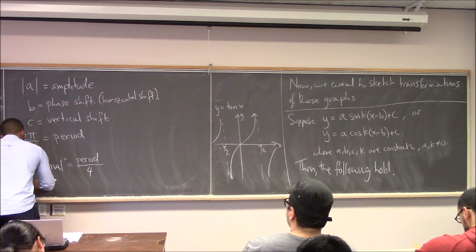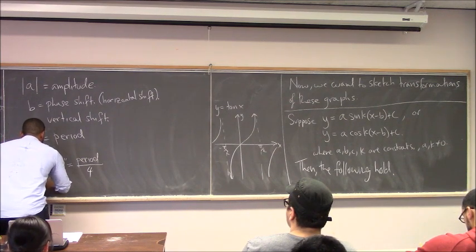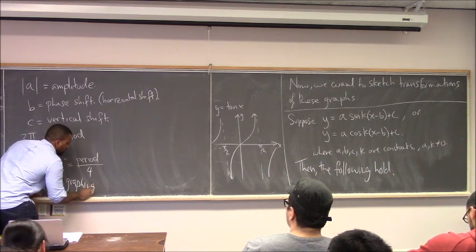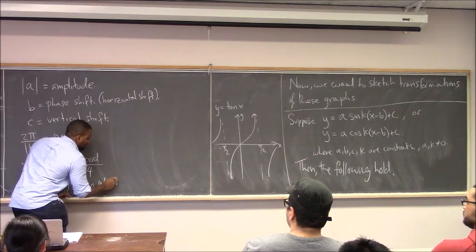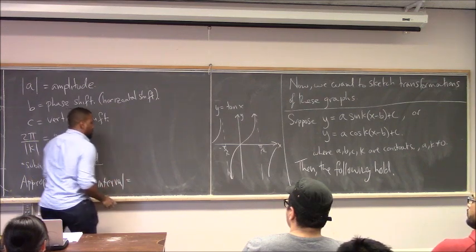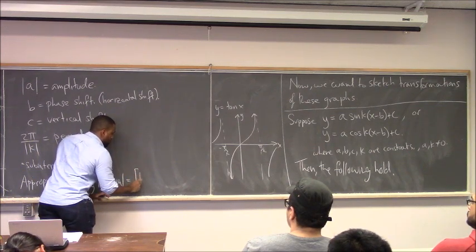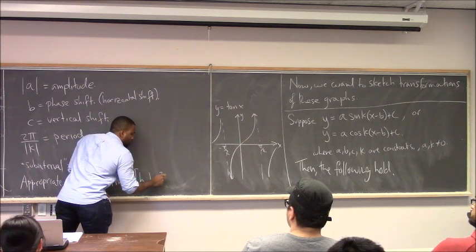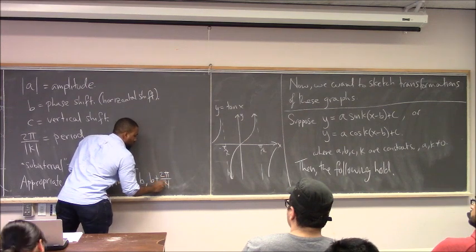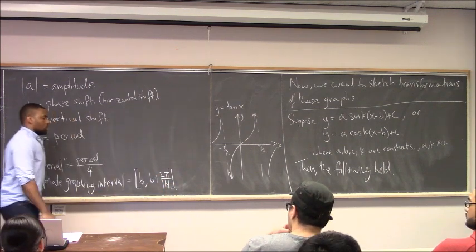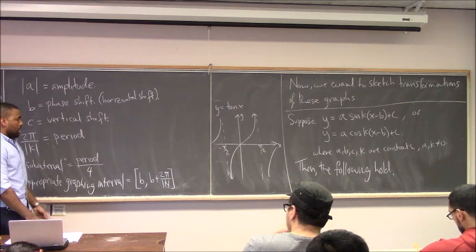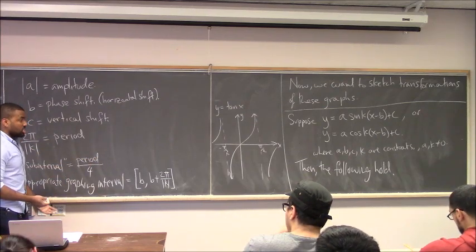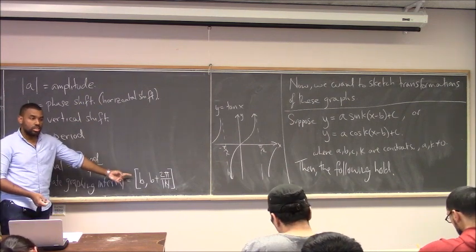What we call the appropriate graphing window is where you start the graph from where the b starts, and then you continue for 1 period. If we say sketch this graph, remember the graph will extend forever in both directions. Unless otherwise stated, you will sketch it on this interval.